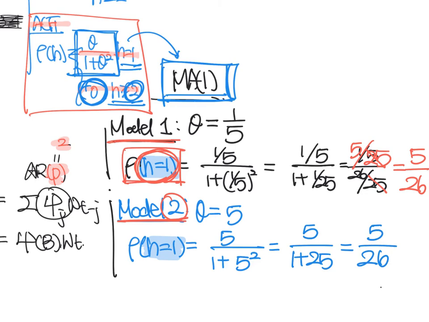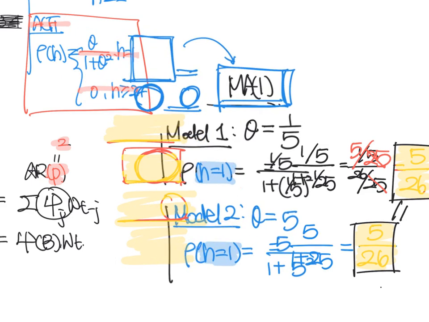What I want to say now is that the ACF at h equals 1 from model number 1 and model number 2 are the same.